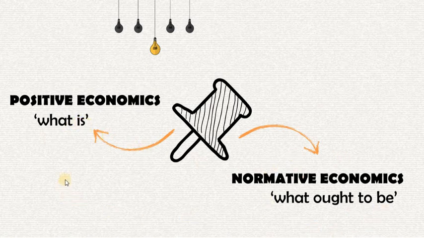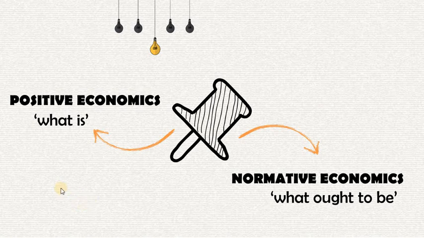Thus, positive science describes a situation as it is, whereas normative science analyzes the situation and comments on the wrongness or rightness of things or state. For example, the population here in the Philippines is rising. That is a positive statement. And the rising population is an obstacle in the way of development. So that is a normative statement.